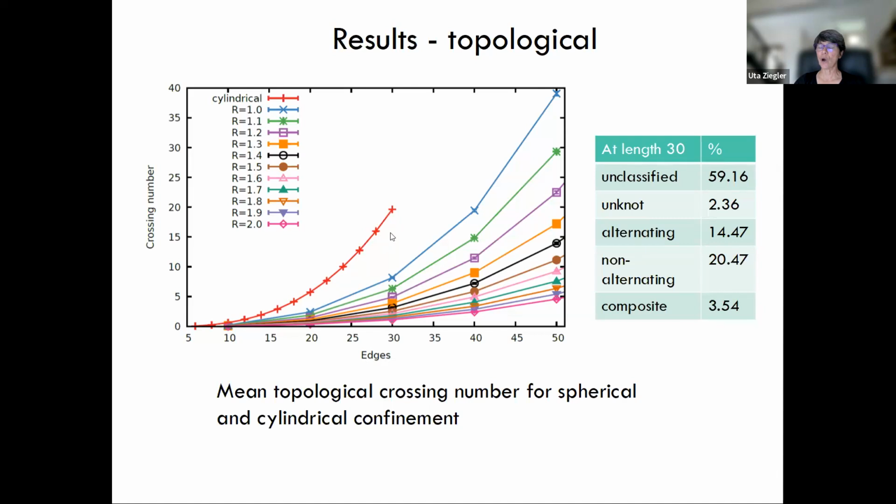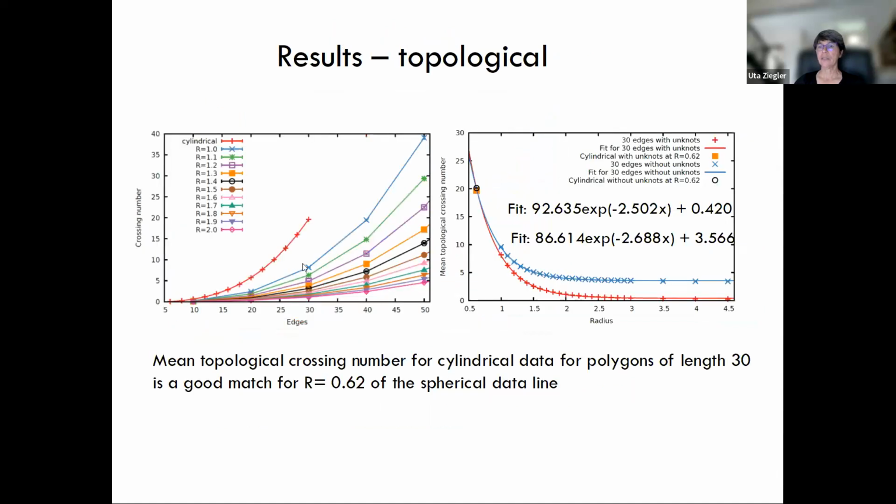Now, the question is, okay, this looks smaller than 1, but what is it? In order to get a first dip at this, we decided to look at all these data points for length 30. The next slide shows the length 30 data points. This is the average crossing number, this one including the unknots, and this one not including the unknots. These are all the spherical data points. We fit them with two different functions, one including the unknots and one not including the unknots.